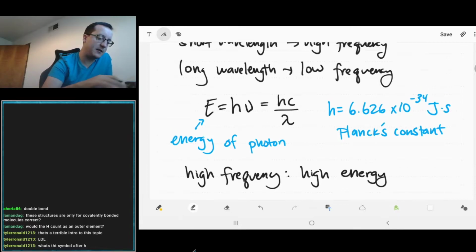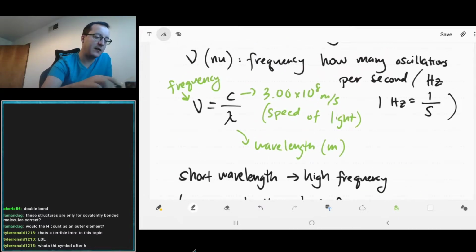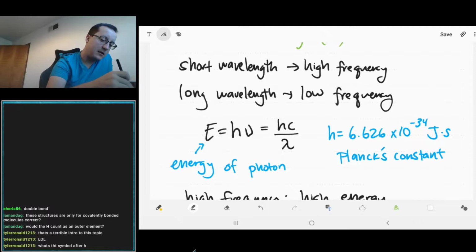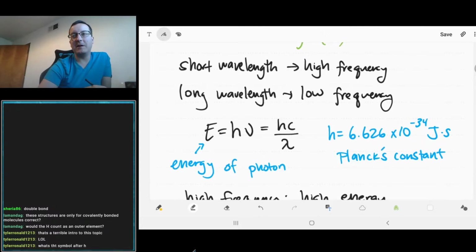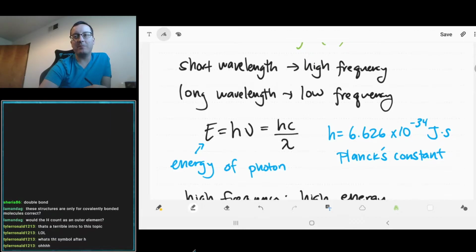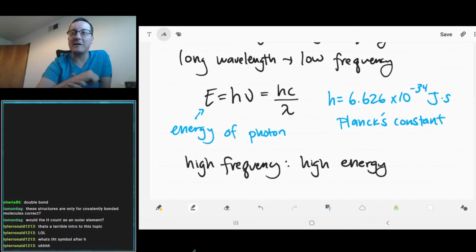That's this dude up here, the frequency, fancy nu. And really, nu is such a hard symbol to draw instead of looking like a V. Yeah, I know. It's annoying. But that's this part done here. So if your nu is high, that means you have high energy.